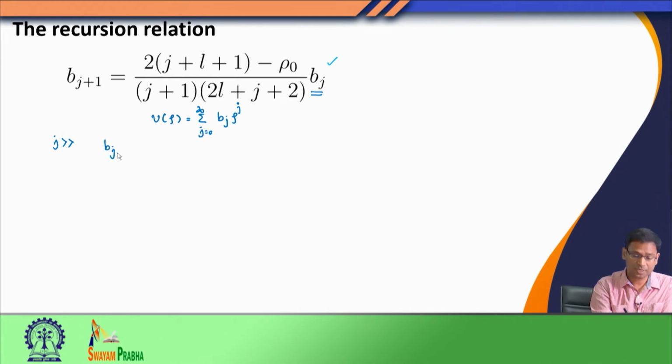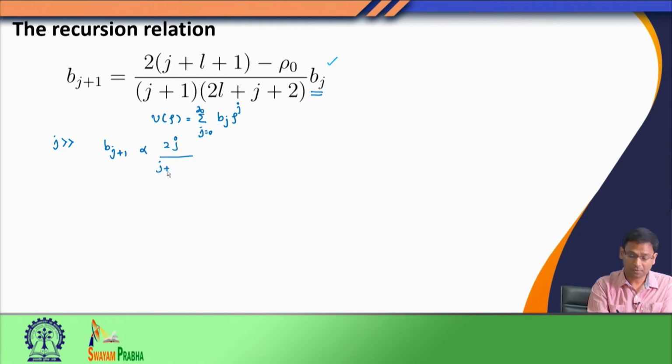In this case, we can write B j plus 1 is proportional to... Since j is very large, this term I can write as 2 j, since j is very large compared to L and 1. And since j is very large, I would expect that this would also be much greater than rho 0, so I am writing only j.